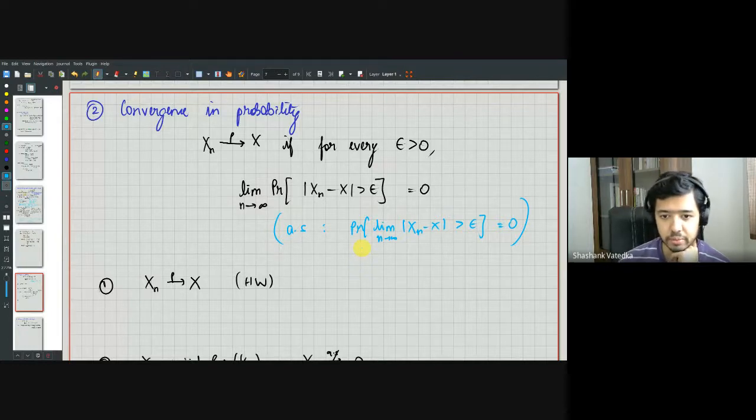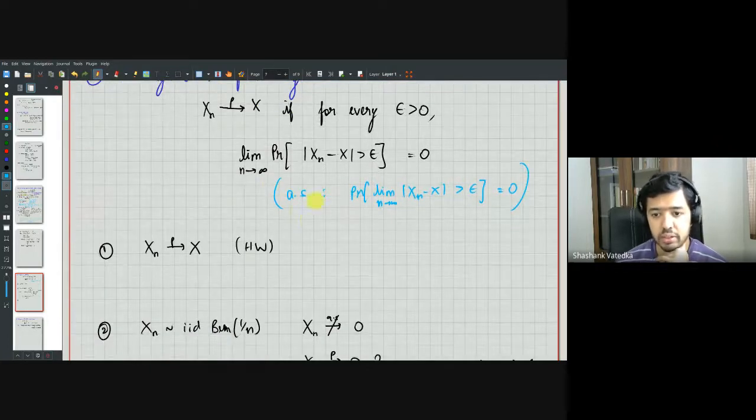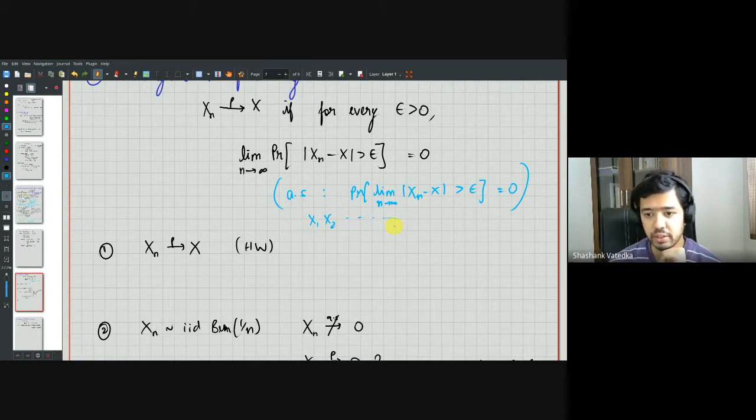So what can happen? Okay. So again, I'm going to be a little loose when saying what is happening. So you have x1, x2, and so on, right? So if the sequence converges almost surely, there'll be some point in time, that is, there'll be some m beyond which xn minus x is greater than epsilon.